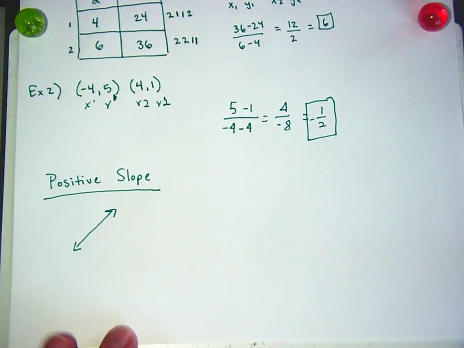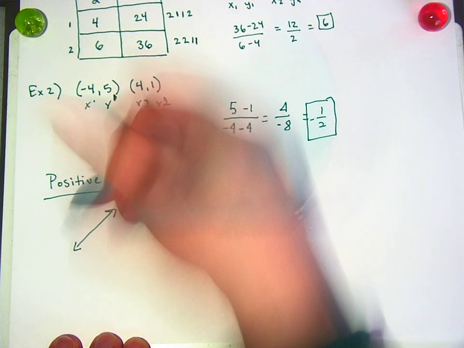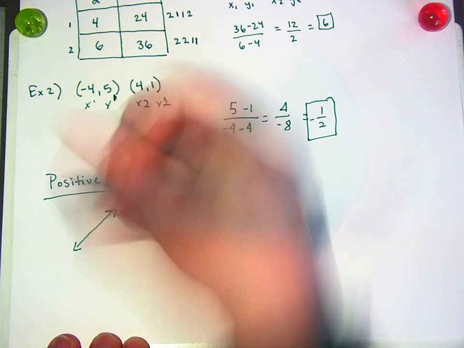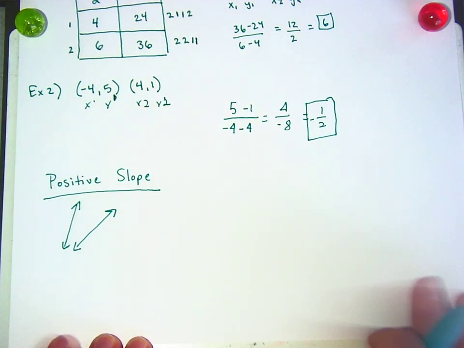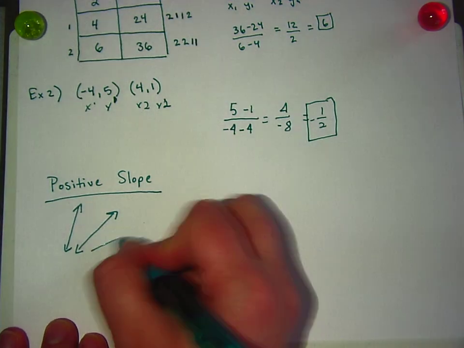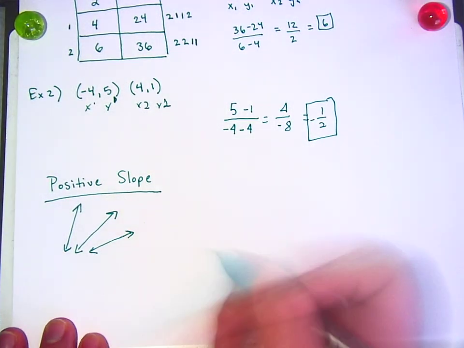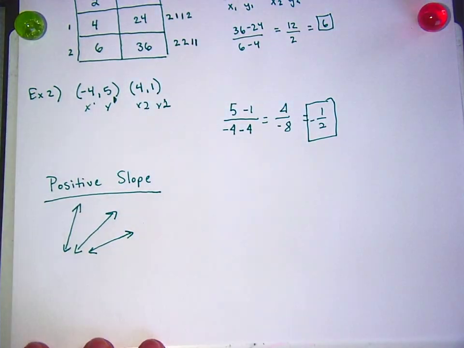Can I draw a picture of a positive slope that is steeper than that? Yes. How so? Can I make it go the other way though? No. Okay, so like this? Is that a positive slope? Yeah? Okay, how about this? Is this a positive slope? Yep, anything that's going left to right, up.